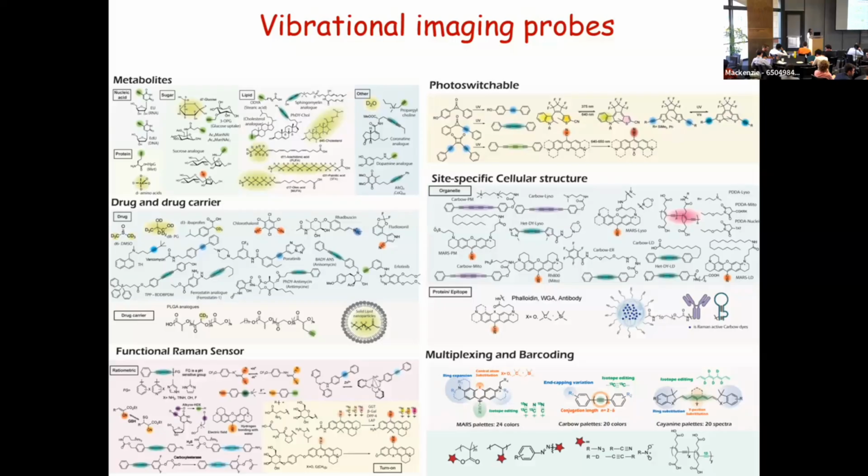So from a systematic engineering of the mode frequency, as well as the proper engineering on the sensitivity enhancement mechanisms, such as electronic pre-resonance conditions, this concept of super multiplex vibrational imaging was demonstrated.